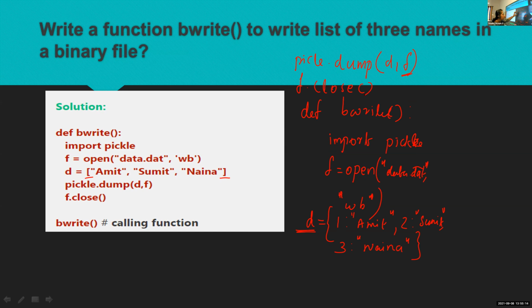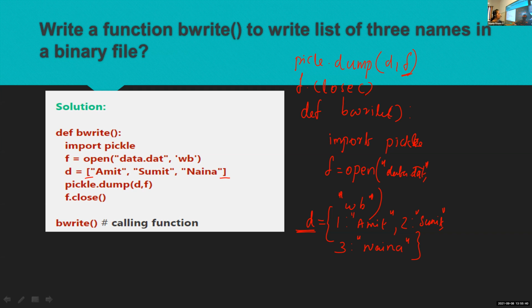So the first statement for binary file representation is import pickle. After that, you open the file using the open statement. Then you create a dictionary or list based on the question. A list starts with square bracket and a dictionary starts with flower bracket.